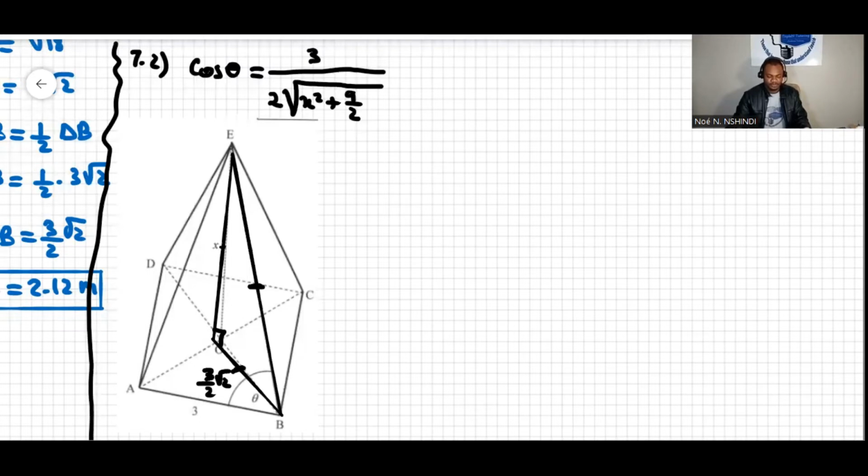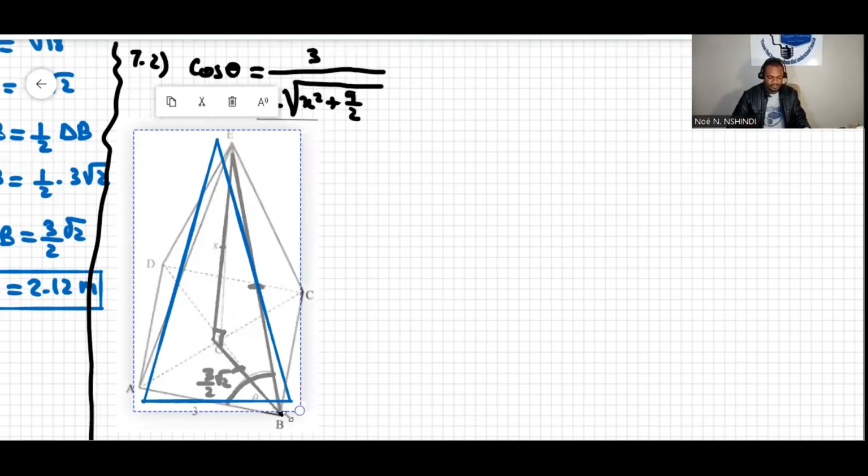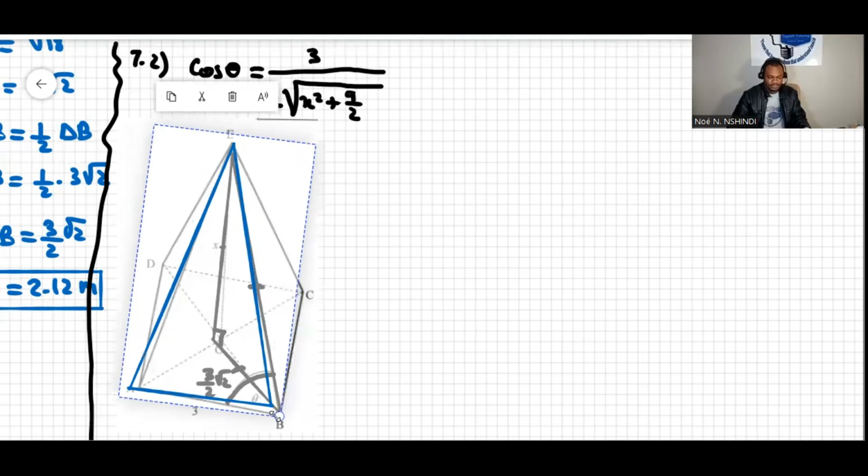Then we can find the longer side EB first, because the angle theta that we're talking about is in this triangle, the triangle I'm going to draw in blue.